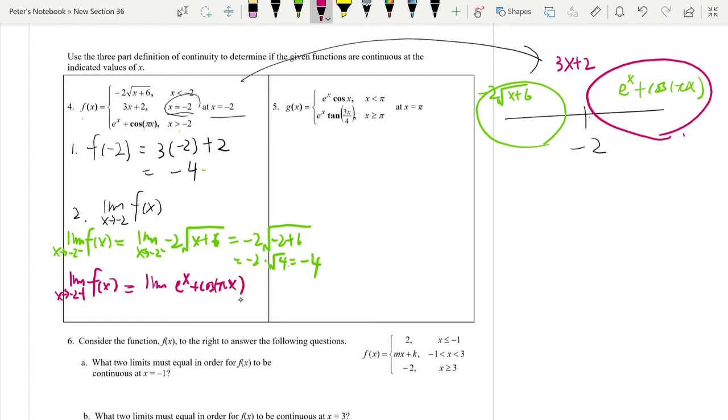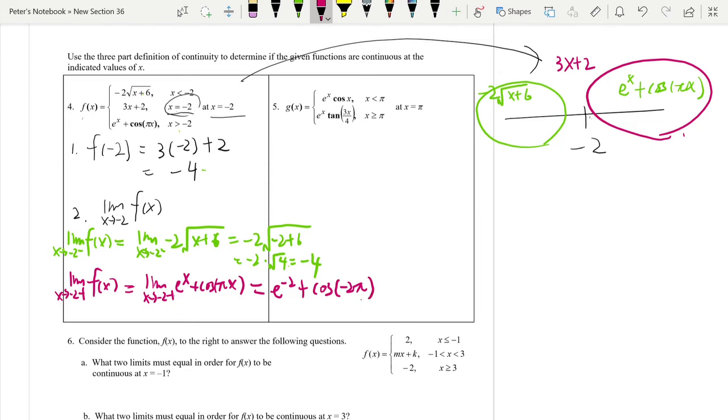Already you're like, I don't want to deal with that, huh? It's not so bad. You have that, and then you do a direct substitution. Over here, you're going to get e to the negative second power. So that's a number, right? Like 2.7 and so on, to the negative second power, plus cosine of negative 2 pi.